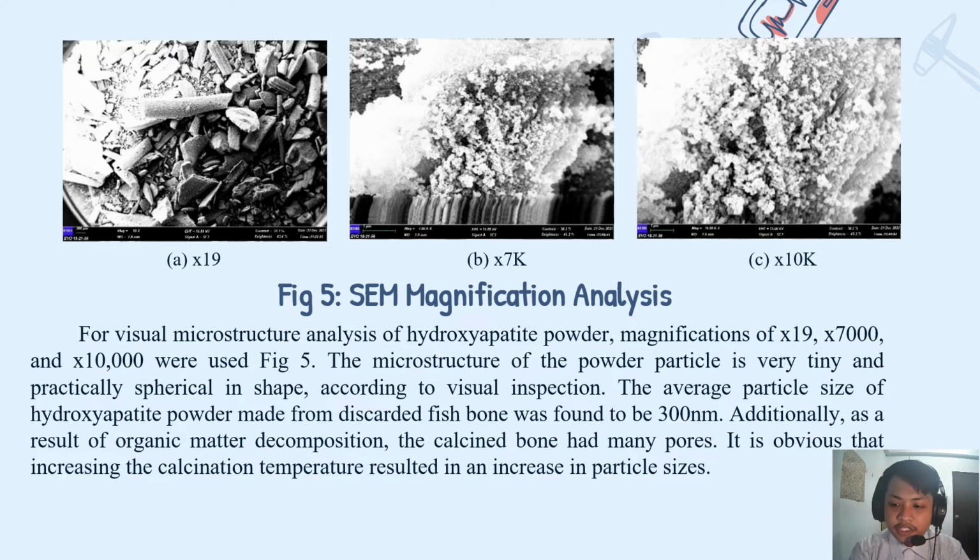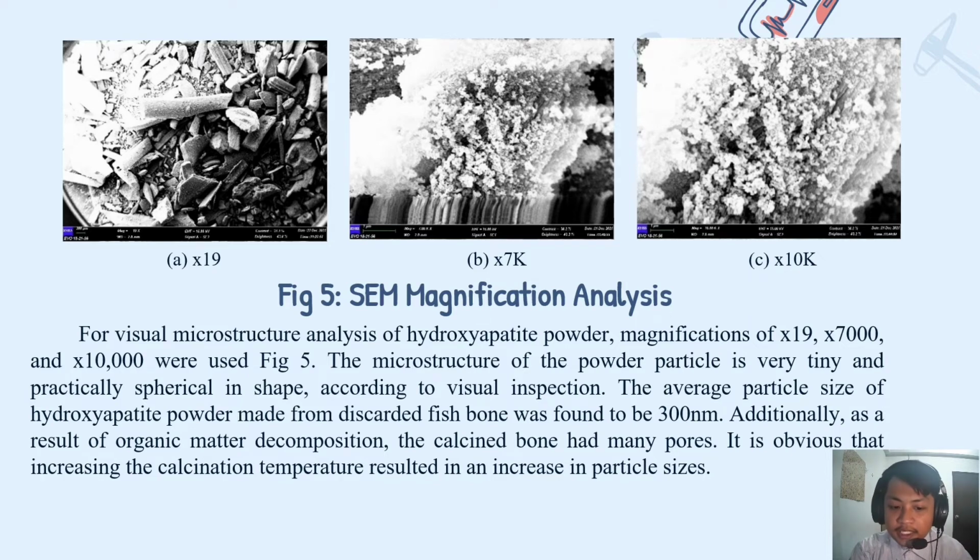The microstructure of the powder particle is very tiny and practically spherical in shape. According to the visual inspection, the average particle size of the hydroxyapatite powder made from discarded fishbone was found to be 300 nm or nanometer.